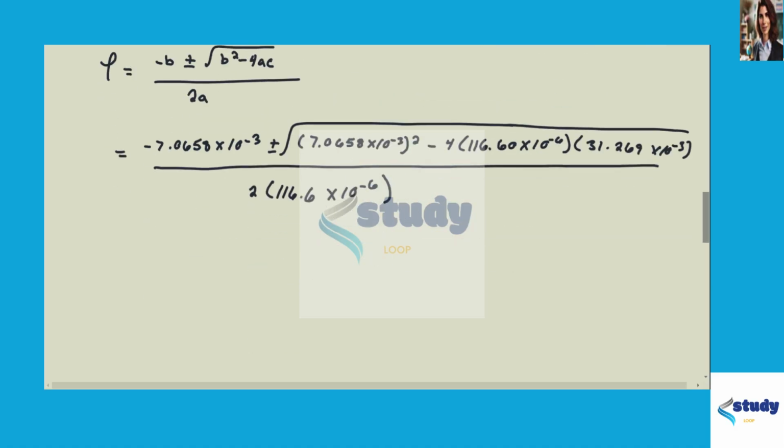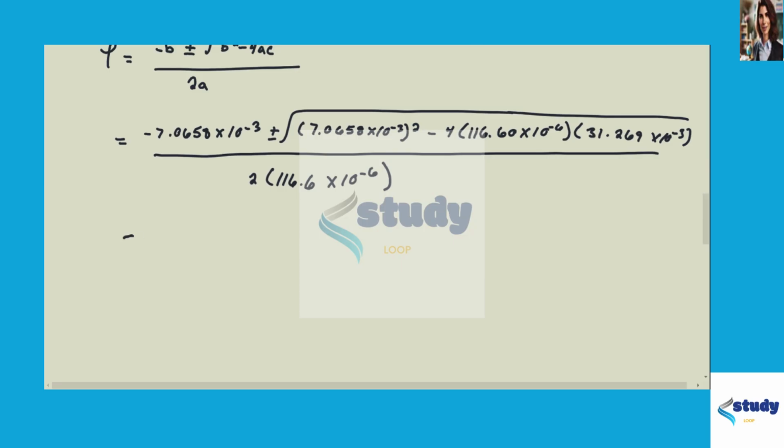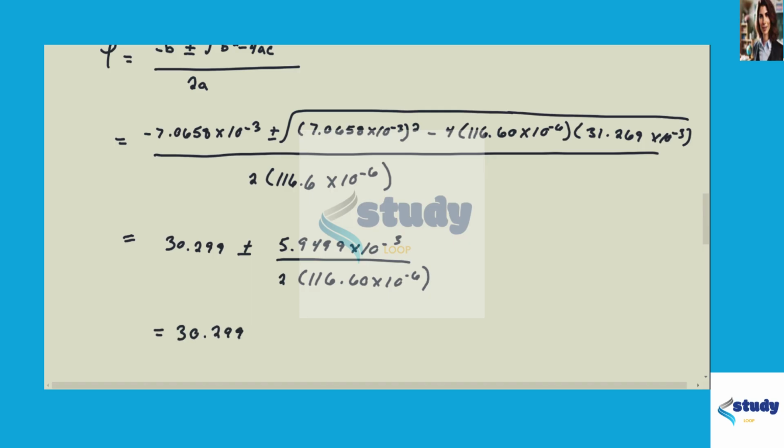I'm just going to scroll down again. And what we end up with is 30.299 plus or minus 25.492.